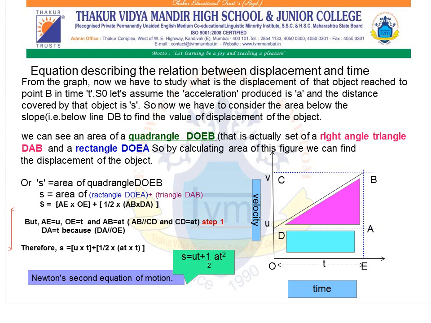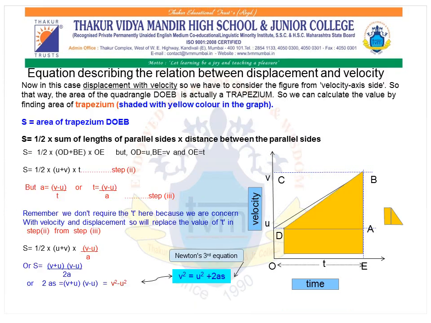Therefore, displacement of that object S is equal to UT plus half AT square. By replacing all these values, you can get this, and this is Newton's second equation of motion.